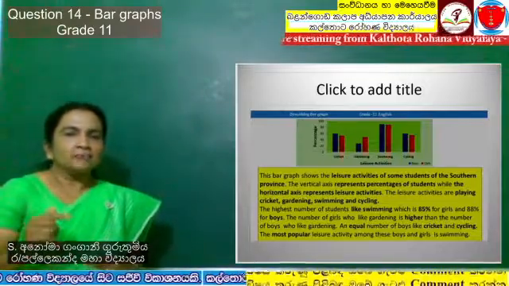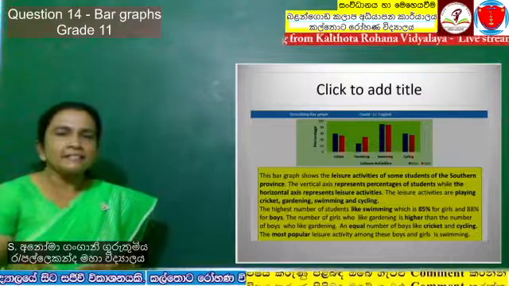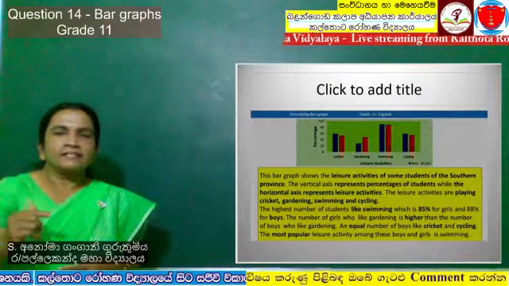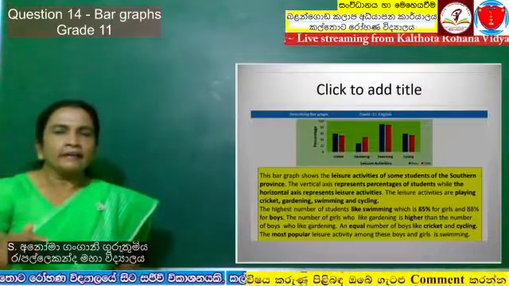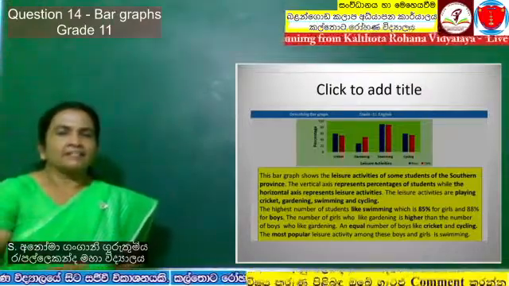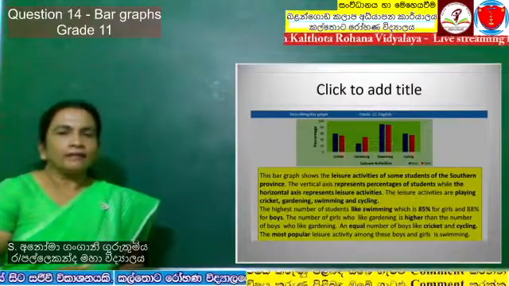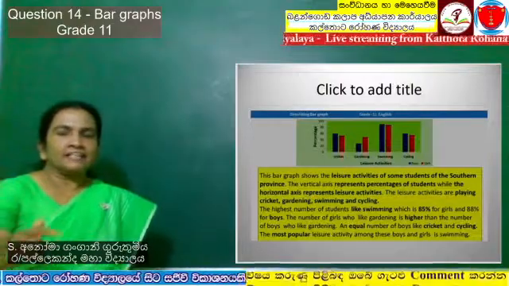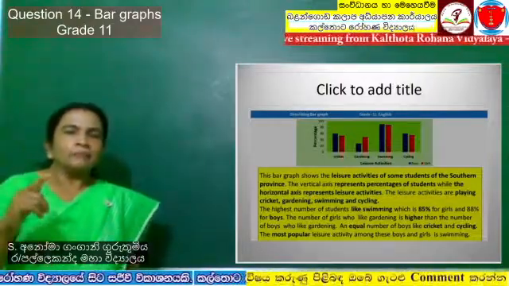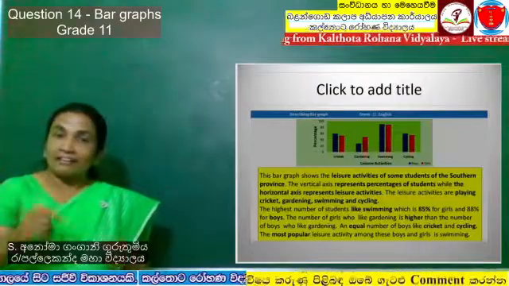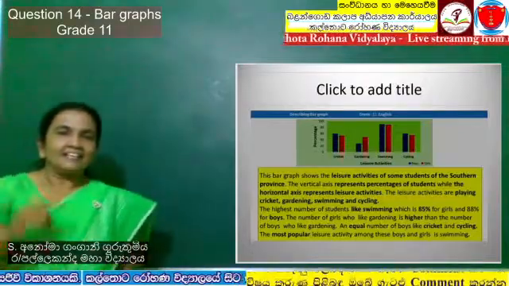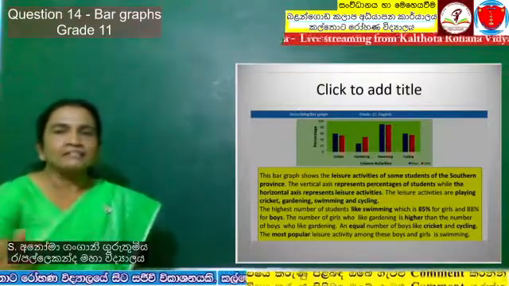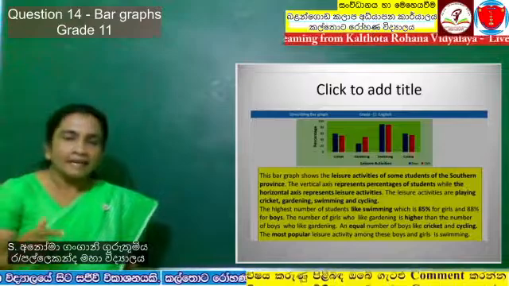This bar graph shows the leisure activities of some students of the Southern province. That is the question. Or we can use this sentence like this: the above bar graph shows the leisure activities of some students of the Southern province.